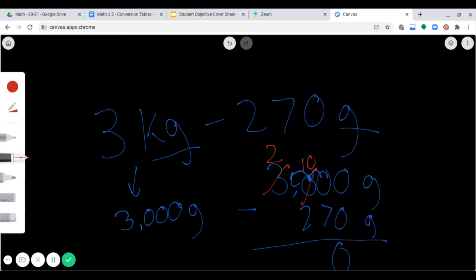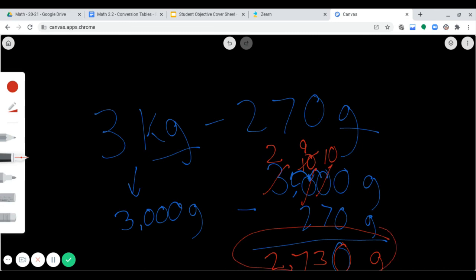This 0 now becomes a 10. And then I can borrow from that 10, so it becomes a 9. And that 0 becomes a 10. It's just standard subtraction. 10 minus 7 is 3. 9 minus 2 is 7. And 2 minus 0 is 2. So 2,730 grams would be our solution, our difference here.